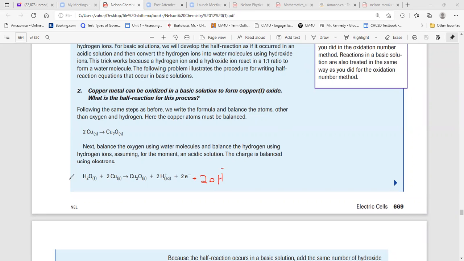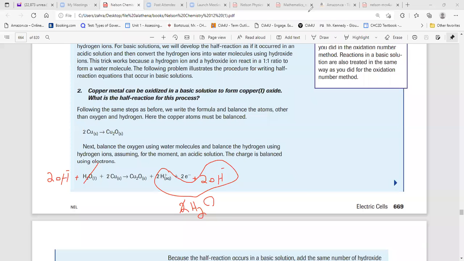When you add 2OH here, you have to do the same thing to the other side because you don't want to change anything. So these 2H and these 2OH come together and form 2 water, H2O. One of the water here and one of the water here should cancel. So you have 1 water here and you have 2OH here and you have 2 electrons there.